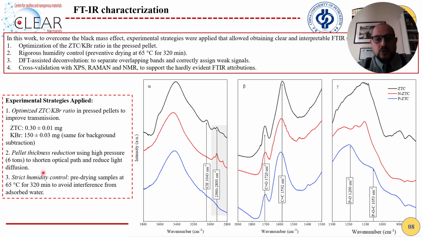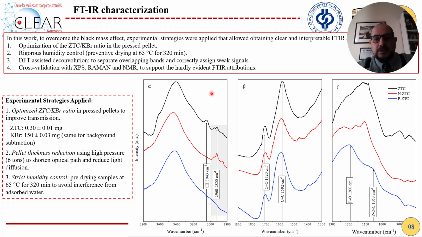We also applied a pellet thickness reduction using high pressure to shorten the optical pathway and reduce light diffusion. And we applied a strict humidity control, with pre-drying of the sample at 65 degrees for 320 minutes under vacuum conditions to avoid interference from adsorbed water.